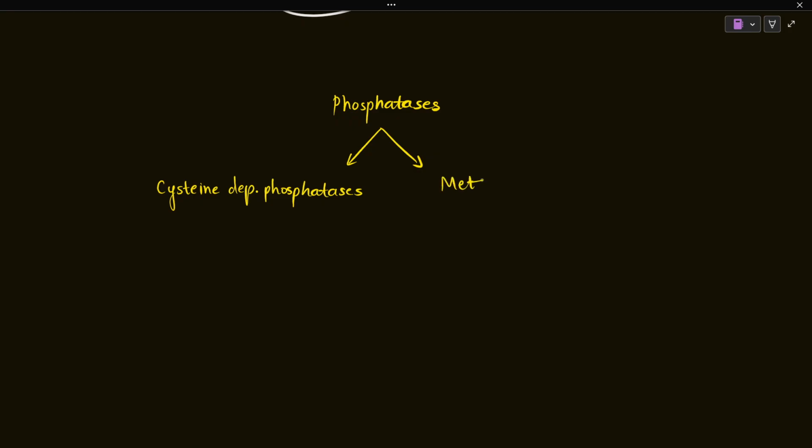and the other is metallophosphatases. The cysteine dependent phosphatases are metal independent. Well, the metallophosphatases, as the name suggests, are metal dependent.